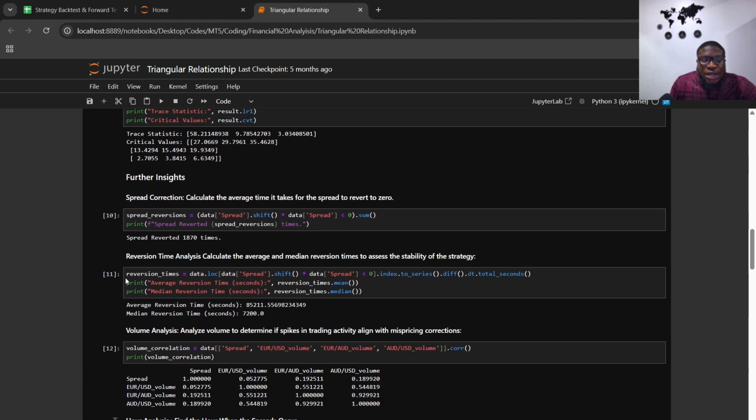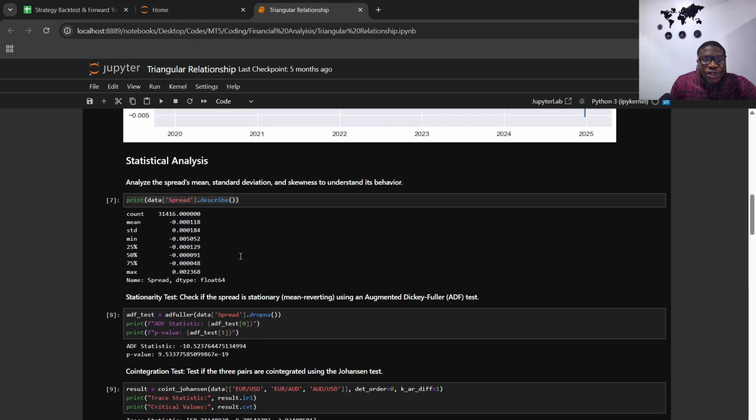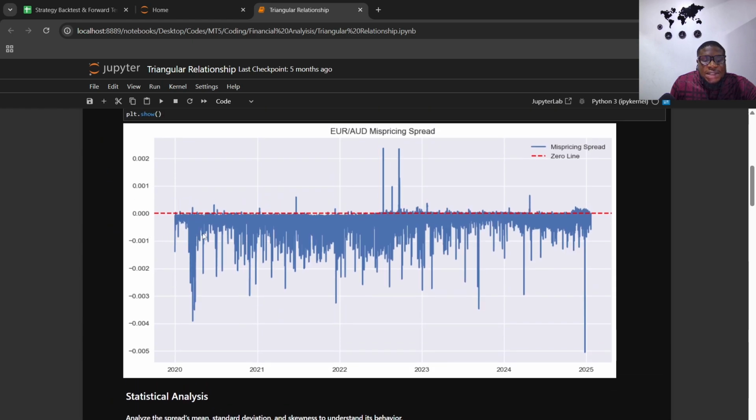So for the hours here where you see this occur, the majority of them do not actually exceed the spread threshold. And that tells you how efficient the forex market is becoming.